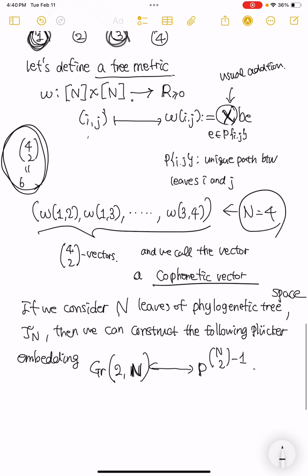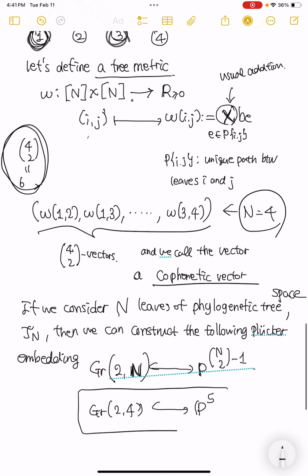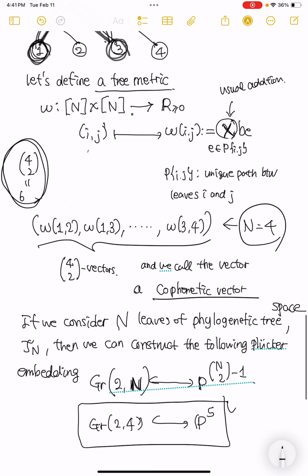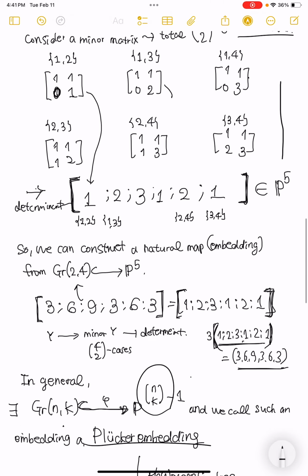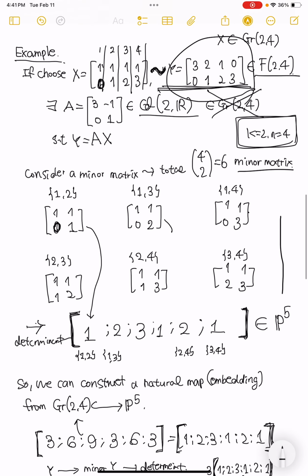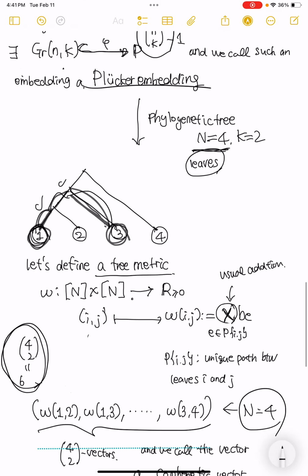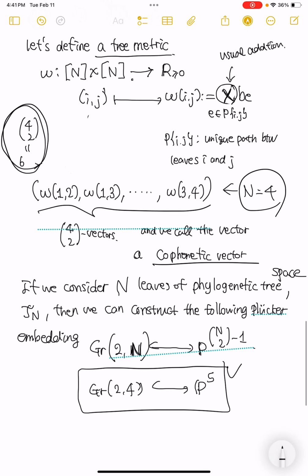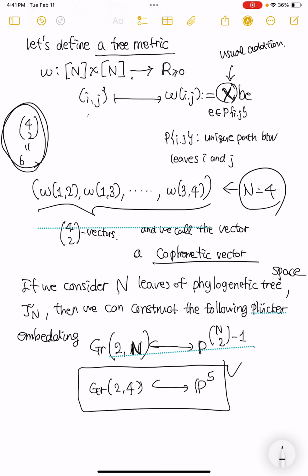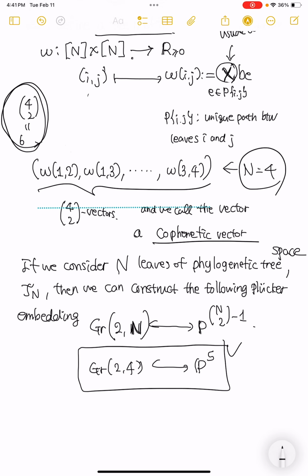In this phylogenetic tree, we can construct a Grassmannian, which is similar to that part. So anyway, the phylogenetic tree is related to the Grassmannian and the Plücker embedding.